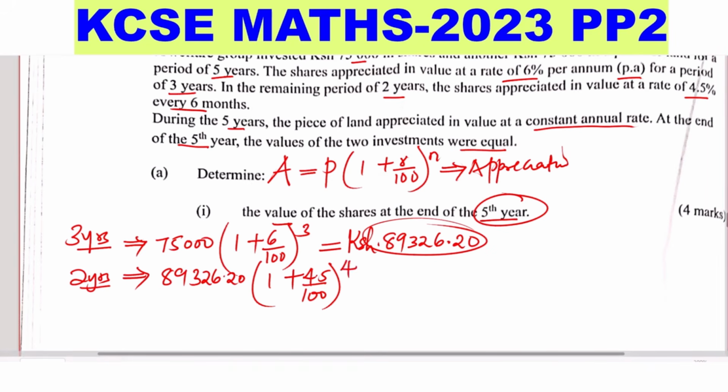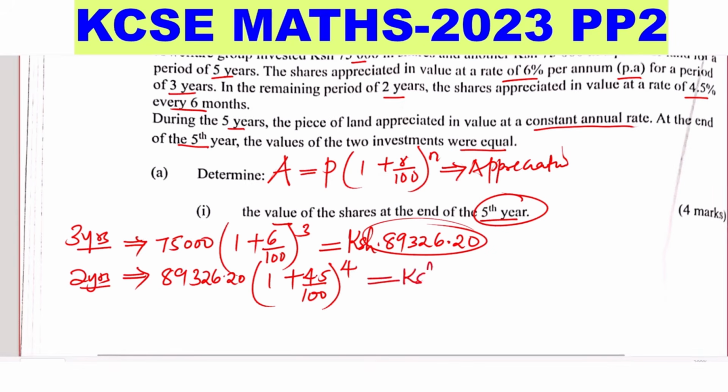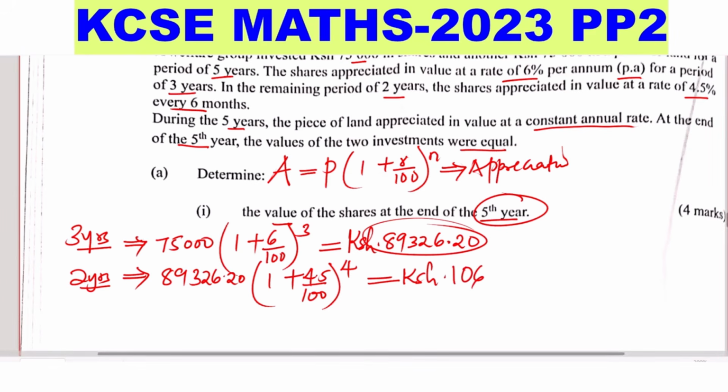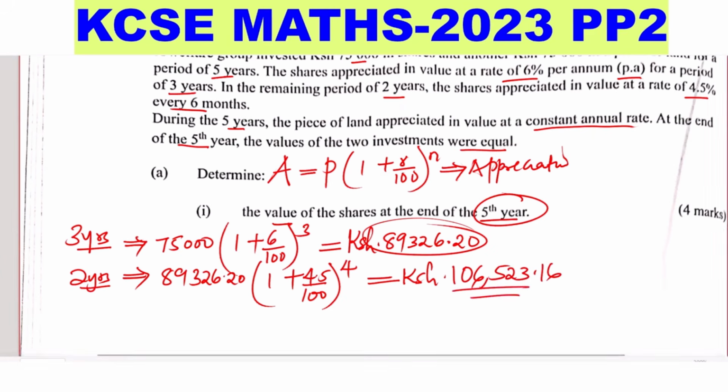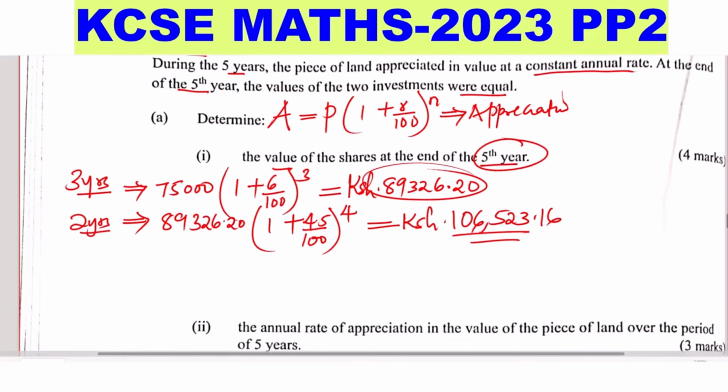That is very important to note. When you work this out, you get 106,523 and 16 cents. So that is the amount at the end of the 5th year.